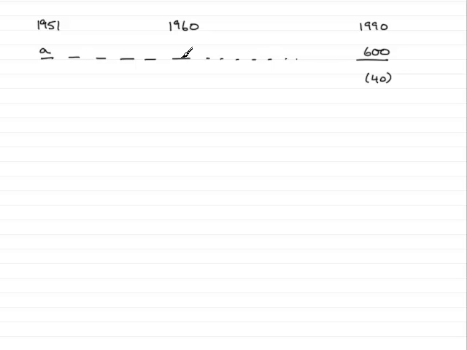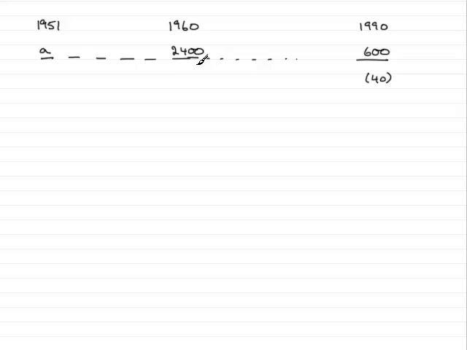In 1960, we're told that 2,400 houses were built. Okay, so we've got to work out the first term A and the common difference. Now to do that, we've got to work out what term this 2,400 is in.